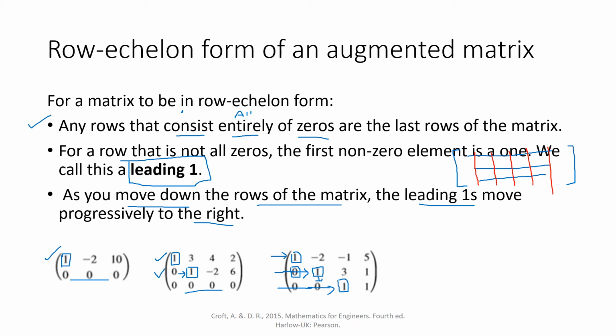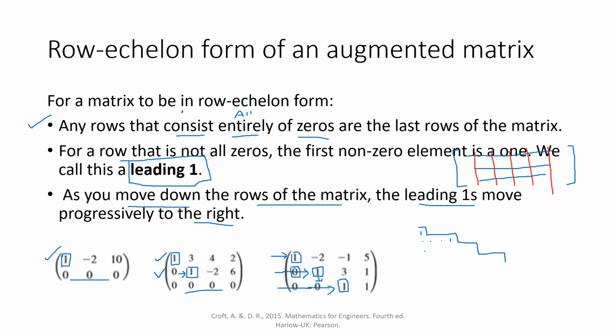Okay. So the leading one has a strange pattern. It appears in a matrix in this shape, like stairs. Sometimes leading one will be here. There can be 0, 0, 0, then leading one will be there.